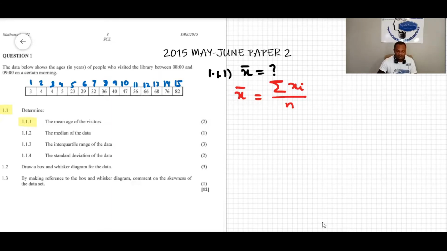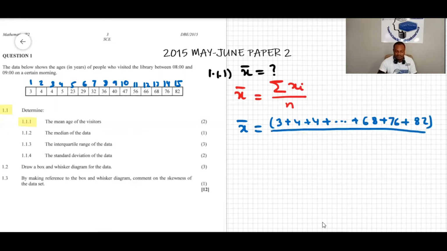So X bar will be equal to 3 plus 4 plus 4 plus dot dot dot plus 68 plus 76 plus 82, all over 15.